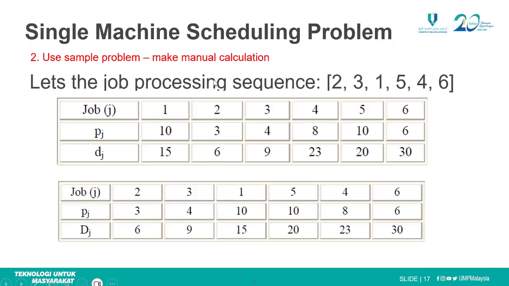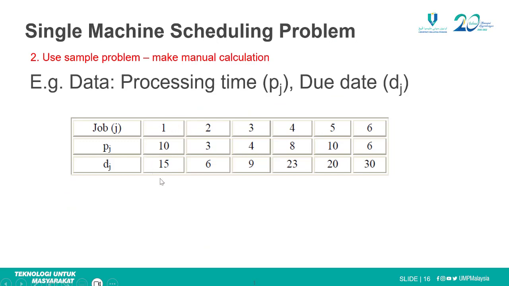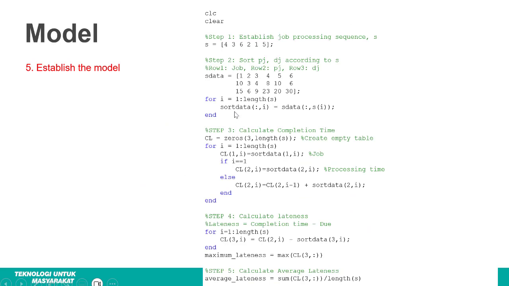Like this data. Next, we sort the data following the sequence here, so now it is known as sorted data. Then step 3, calculate completion time. Step number 4, we calculate the lateness, and then we can identify the maximum lateness.